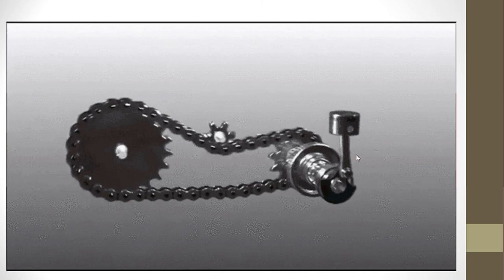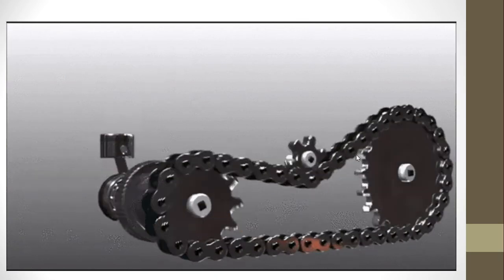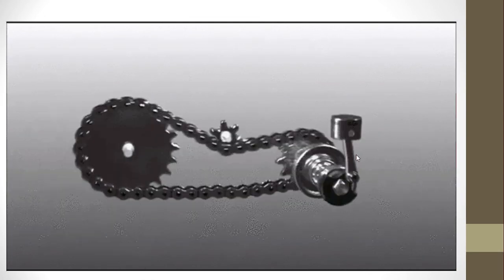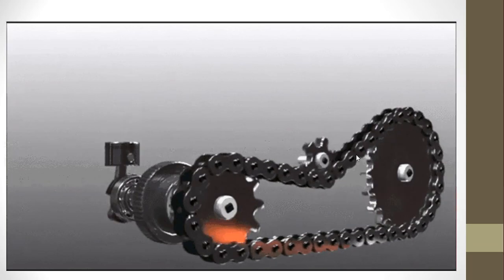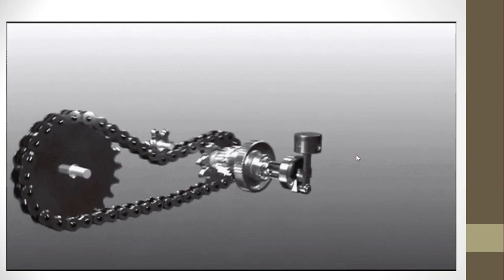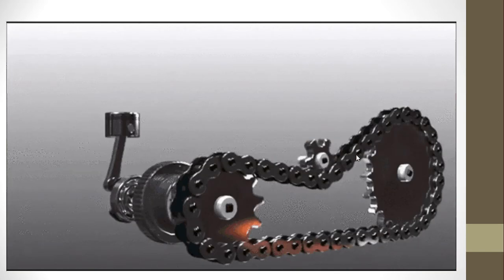That could be the wheel of a motorbike, or that could be other agricultural machinery. Now, the interesting thing is that they have placed an extra sprocket over here that is maintaining the tension in the chain.